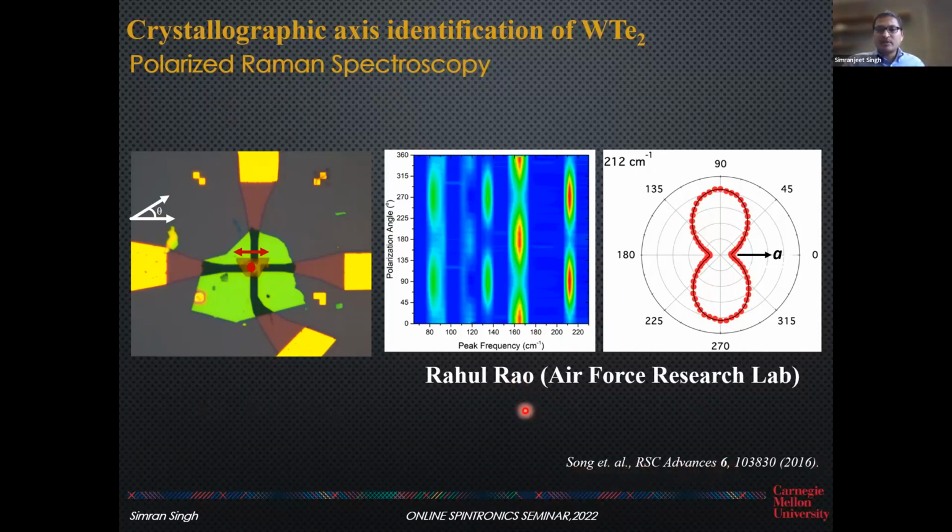These measurements were performed by our collaborator Rahul Roy at Air Force Research Lab in Dayton, Ohio. Using this, we can exactly pinpoint the orientation of the crystallographic directions, so that we can put contacts in those directions and apply charge current in a particular direction.